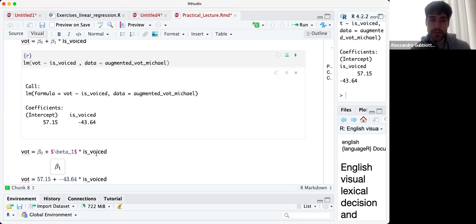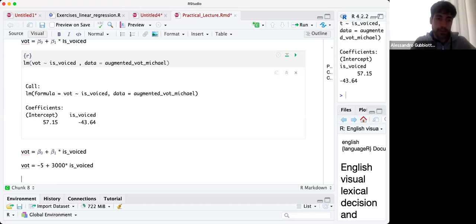For instance, if is voiced is equal to 0, we can make some guesses. Are these good coefficients, like 4 minus 5 plus 3000 times is voiced? Why is it not a good guess for these coefficients?